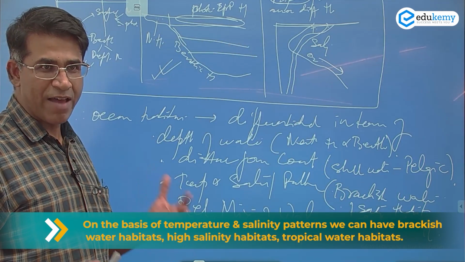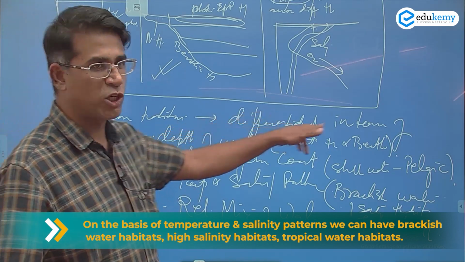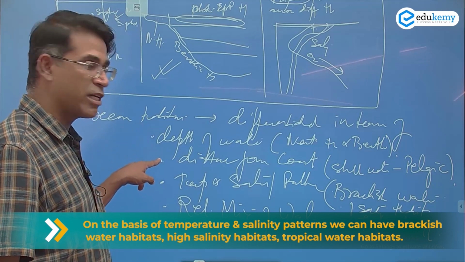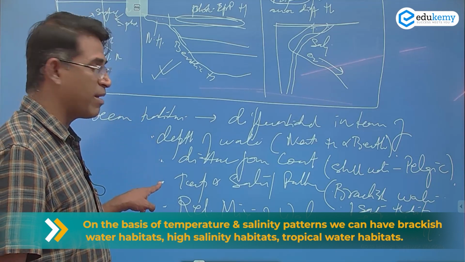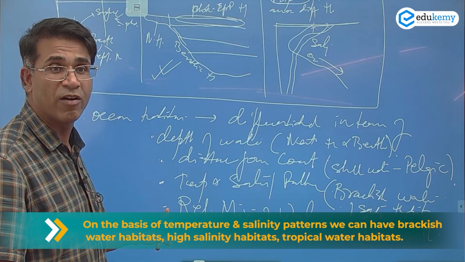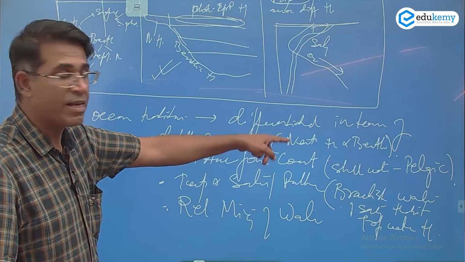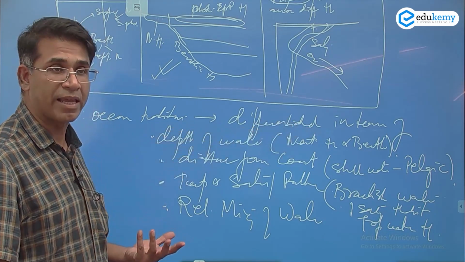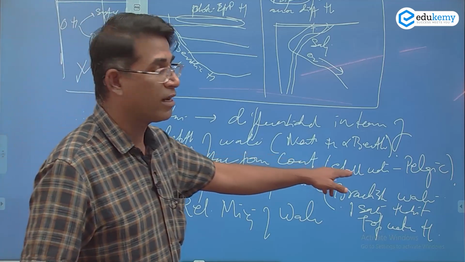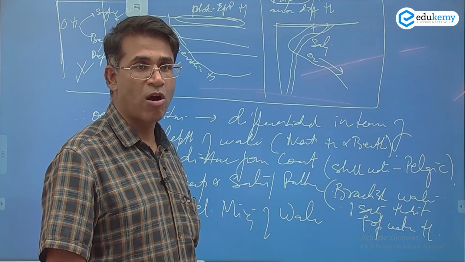We can have tropical waters habitats. So what are the diversities of the habitats? Ocean habitats can be differentiated in terms of depth of water, distance from the coast, temperature and salinity patterns, and relative mixing of the waters. In terms of depth, they can be neritic, shallow water, or benthic. In terms of distance from the coast, they can be shallow water, neritic, or pelagic.